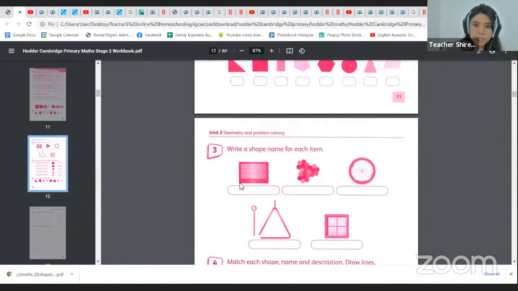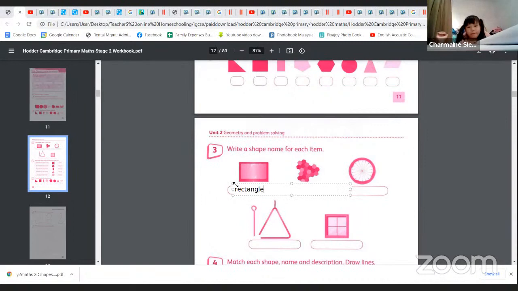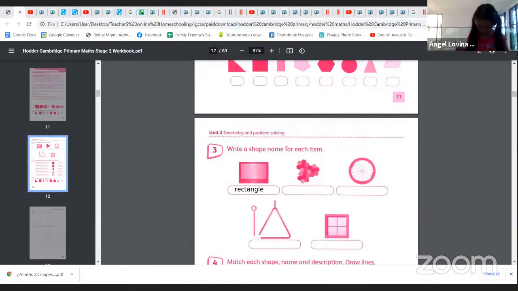Okay, what shape is this TV? Rectangle. Very good. Please write it down. Which page? Angel, you mean? No, you have already done it, so you don't need it.